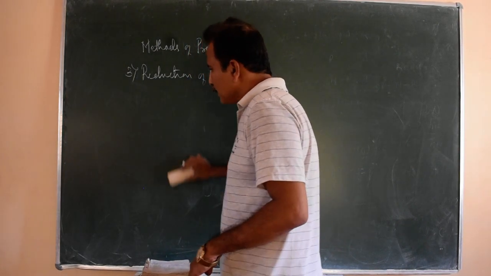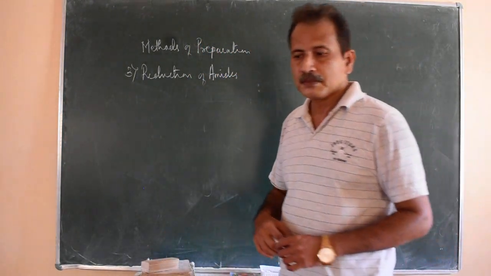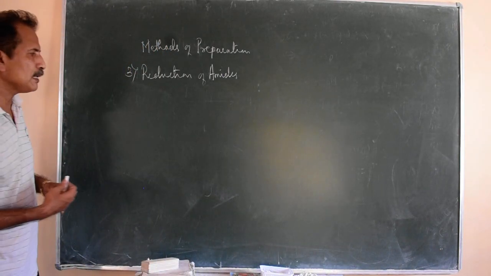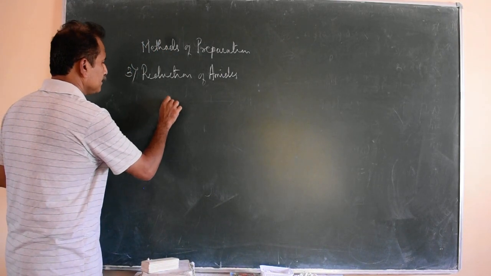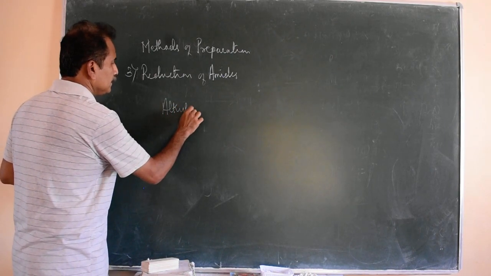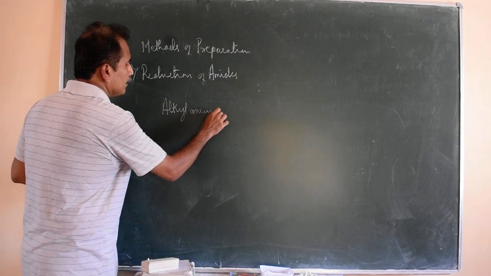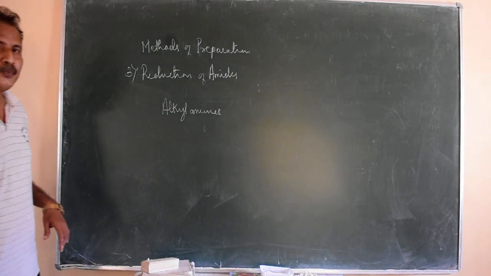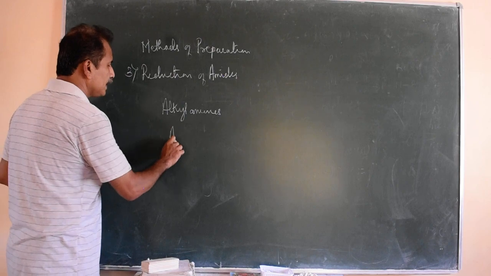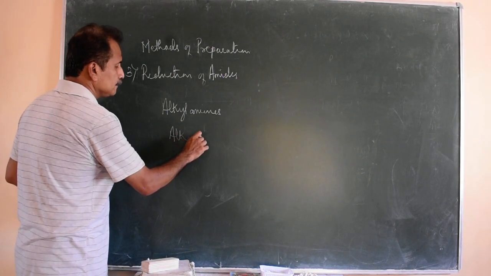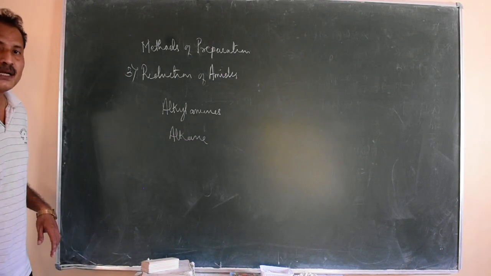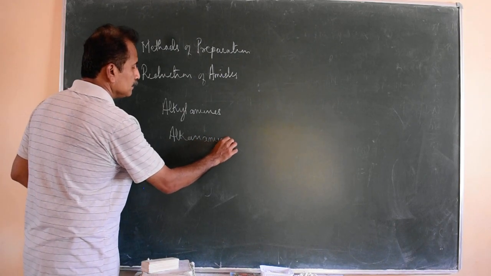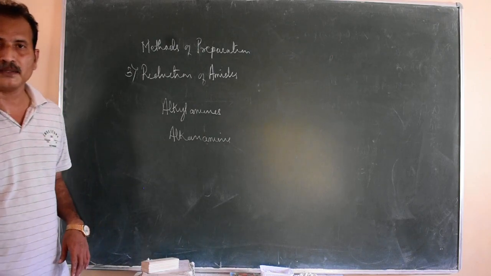Then I told you about the nomenclature. So there are 2 ways. In the old method or trivial system, we name them as alkyl amines. That's all we name them. Okay. But if it is IUPAC, what we do? We first write the alkane and then remove the E of that alkane and replace it by amine. So it becomes alkane amine.